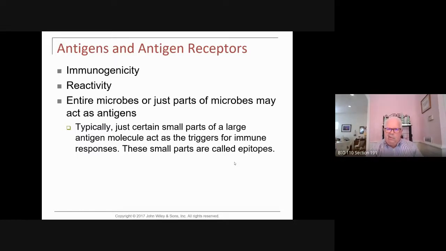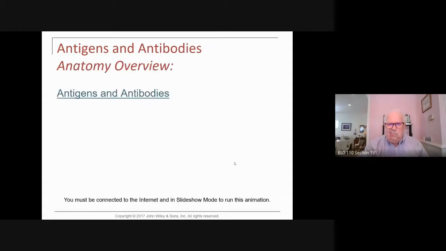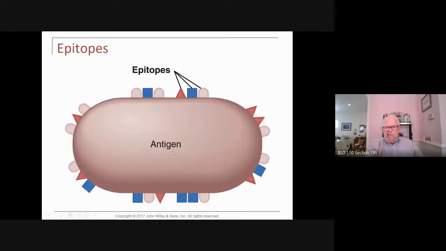We're talking about immunogenicity. Every antigen has multiple sites on it that can also act as antigens. Let's say it's a bacteria. The bacteria itself is an antigen, and your body will make antibodies towards the entire bacteria.